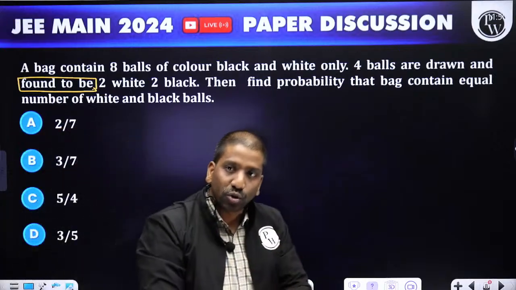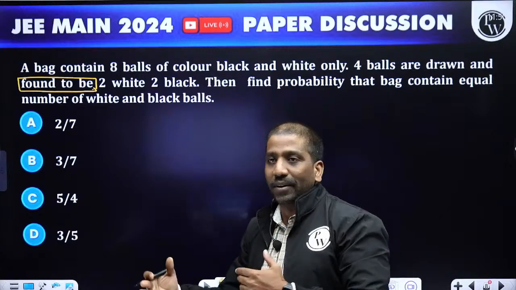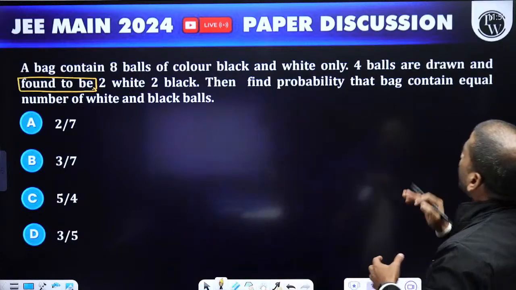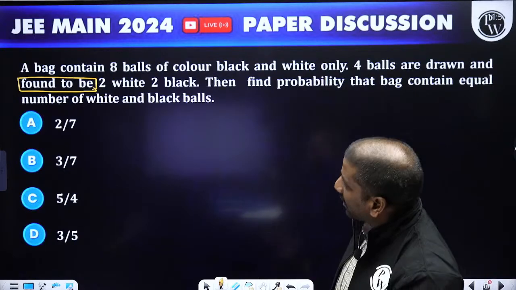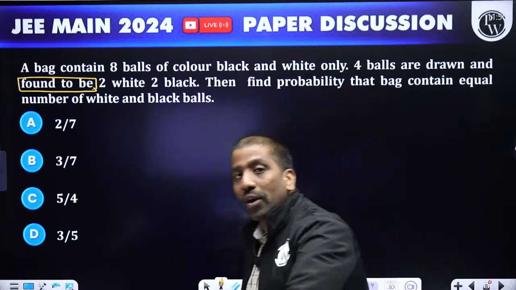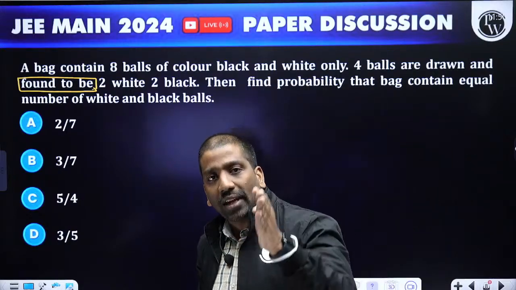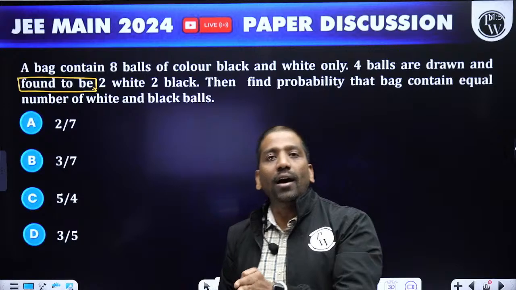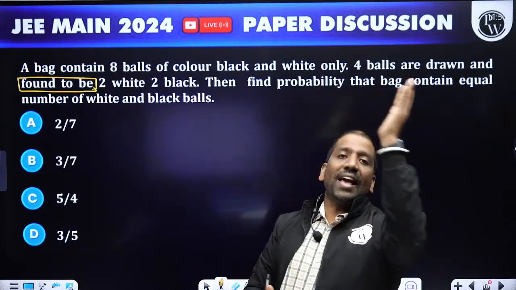Already found, so that means the action has happened. Now find the probability that the bag contains an equal number of white and black balls. Going back.